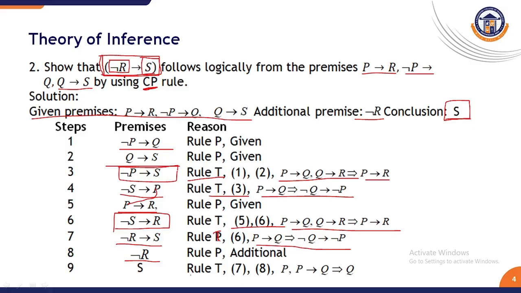Then apply the rule T for steps 7 and 8. That means P, P implies Q gives Q. Therefore, negation R, negation R implies S gives S, which is the required conclusion. Hence negation R implies S is logically derived from the premises P implies R, negation P implies Q and Q implies S by using the conditional proof rule.